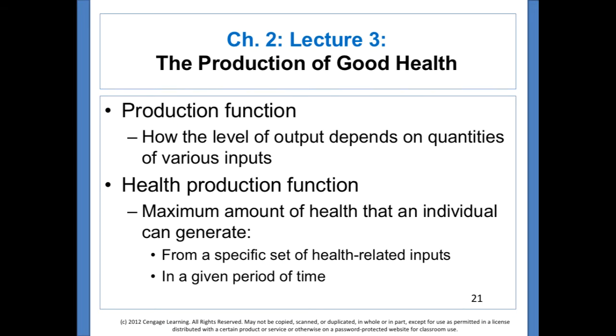So, in this case, a health production function indicates the maximum amount of health that an individual can generate from a specific set of inputs in a given period of time.